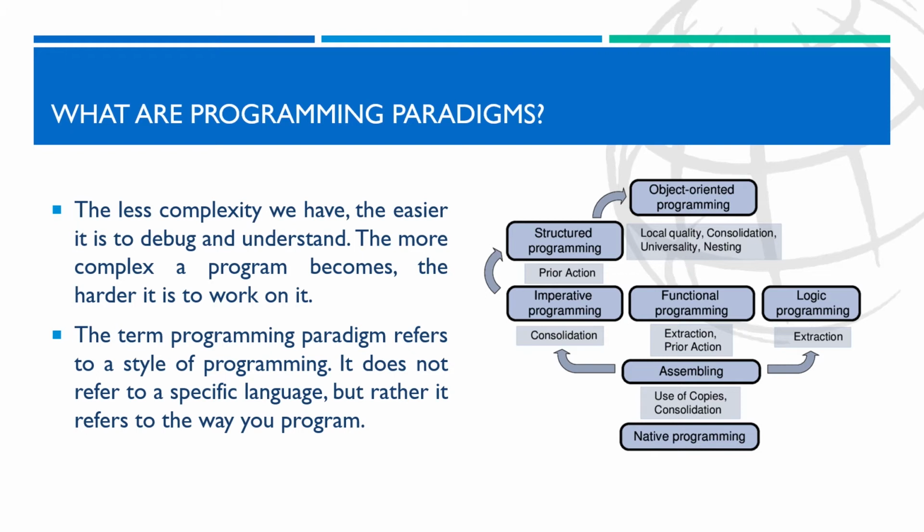It doesn't refer to a specific language, but rather to the way you program. Programming languages are usually categorized under the term paradigm. These paradigms define how a language looks and feels, what it does, and for what purpose it should be used.